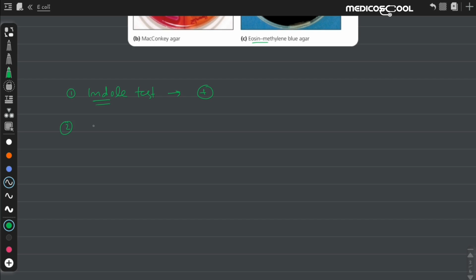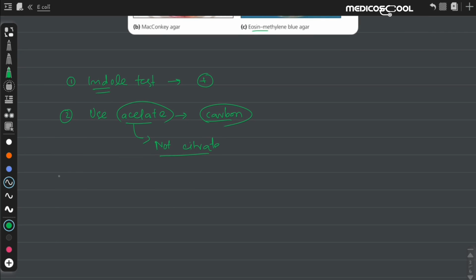The second one is the use of acetate as its carbon source. Escherichia coli is the only lactose fermenter which can use acetate and not citrate as a source of carbon for its energy production. The other lactose fermenters use citrate as a source of carbon for energy production.